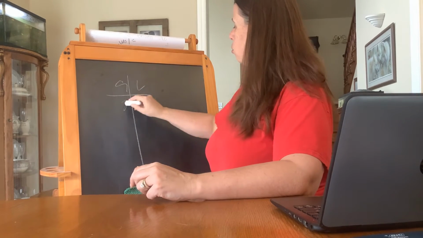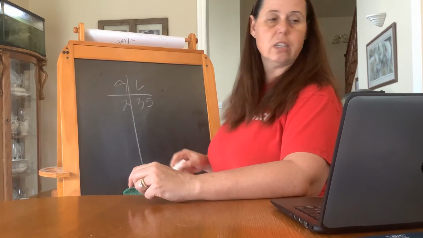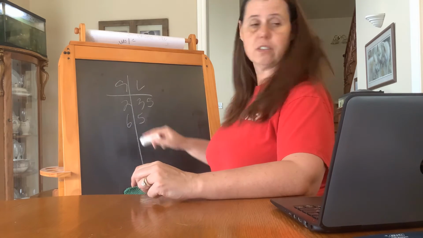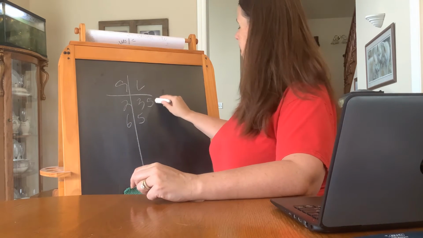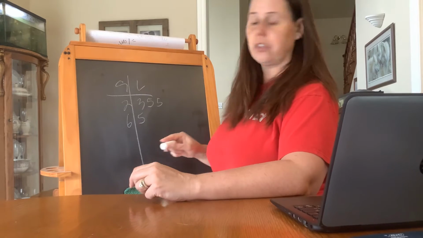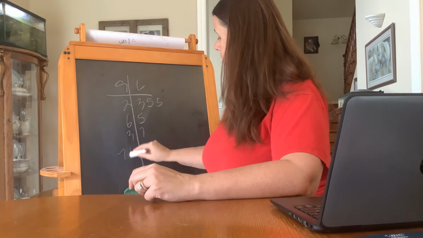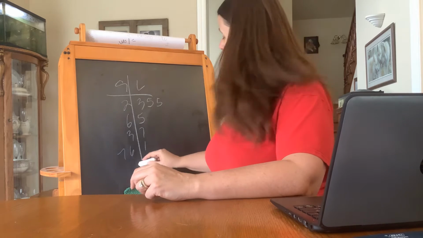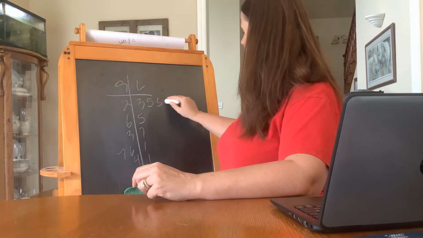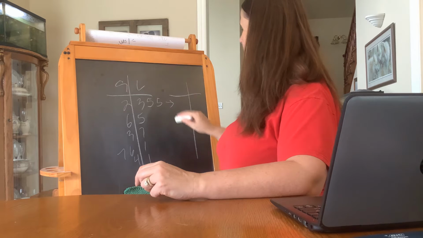The data is 23, 25, 65, 25, 37, 761, 41. Okay, so I've got to redo this so it's in good copy, right?